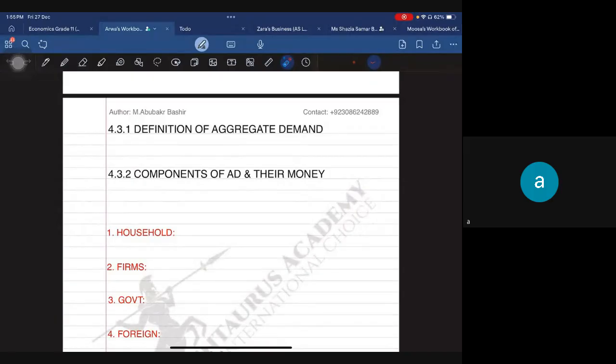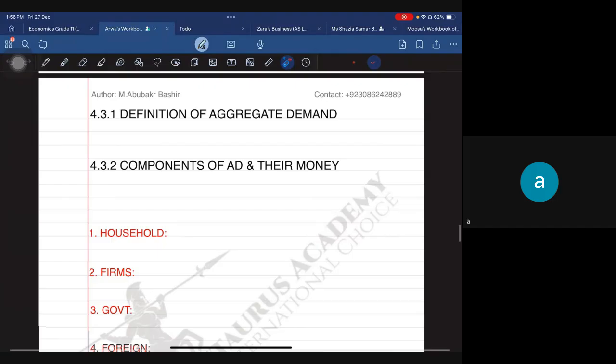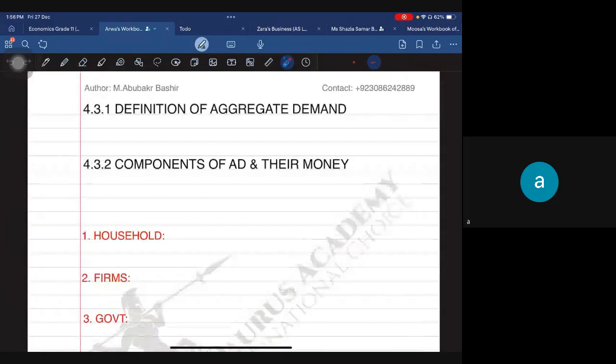Okay, so let's just begin. The definition of the aggregate demand. Aggregate demand is basically the total demand for all of the goods and services in that domestic account. Right.